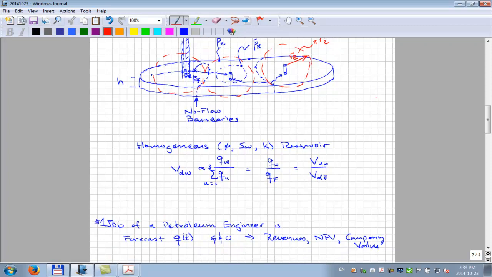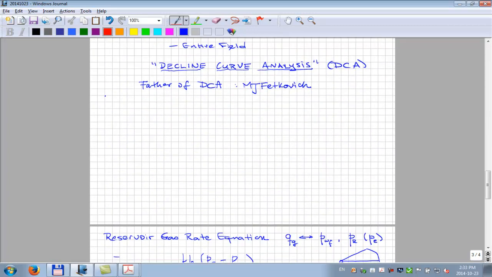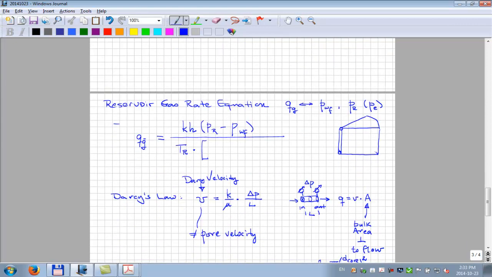So, with this kind of geometry, of which I've only taken out a certain angle, we've got 360 degrees, you end up with a term natural log RE, which is this distance here, from the center out to here, RE, to the RW, which is just that distance. Okay.